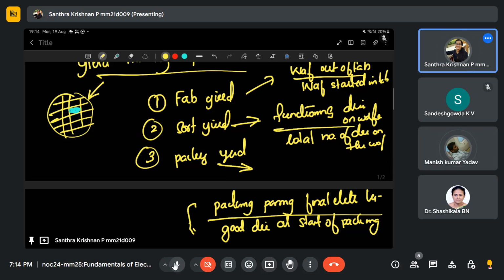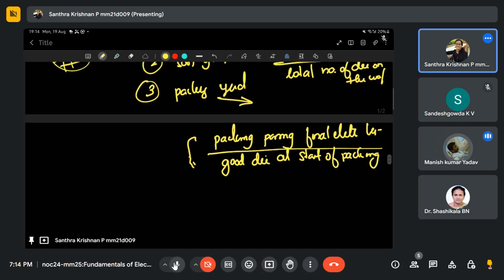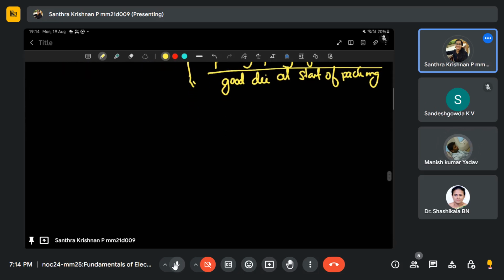I hope that is clear. Yes, tell me. In packaging yield, in the numerator, it is the packaged dies that pass the electrical test. Okay, ma'am. It means testing is done before packaging? See, even after all of this, the final IC will be tested, right? Initially in IC manufacturing, that testing refers to the final product.